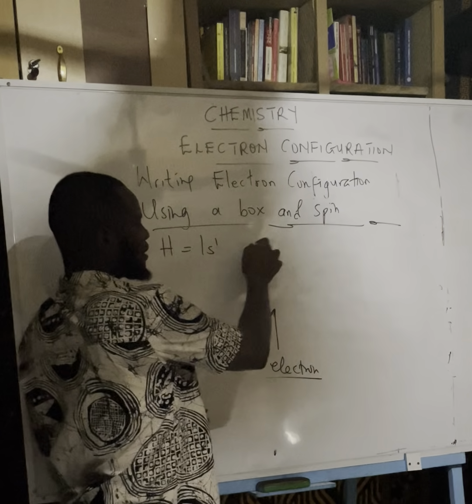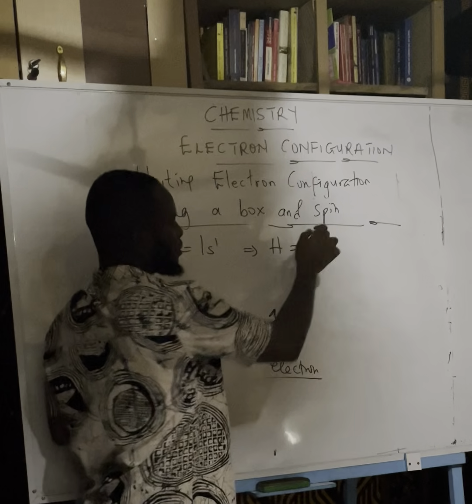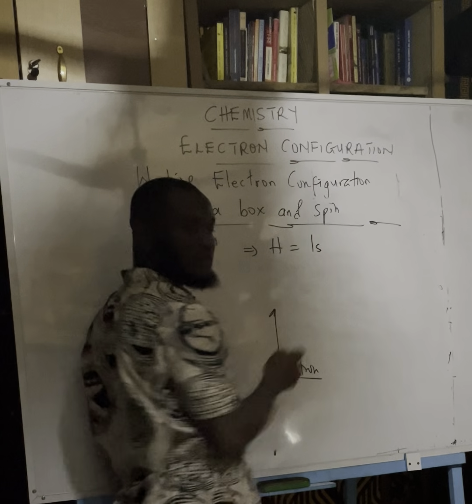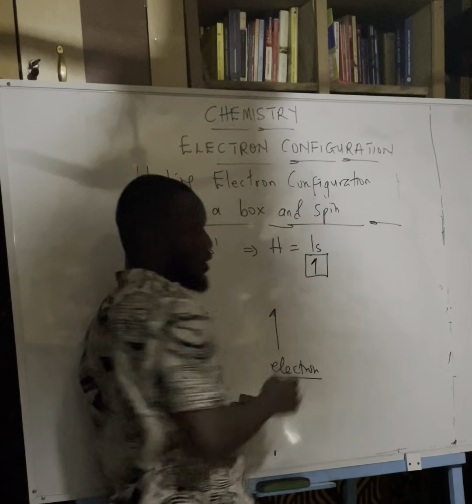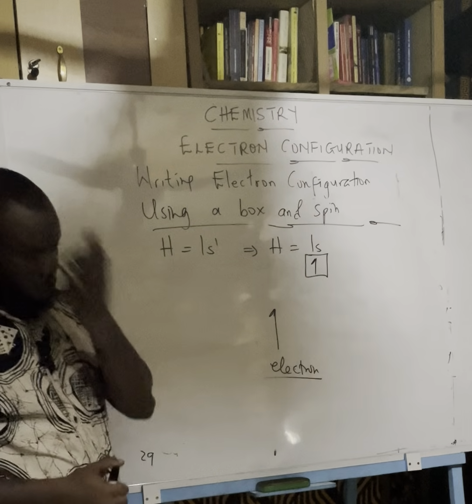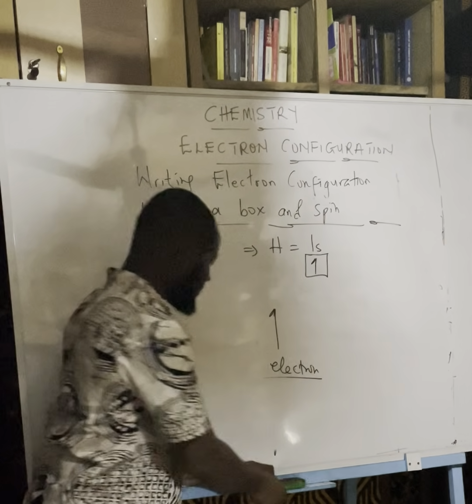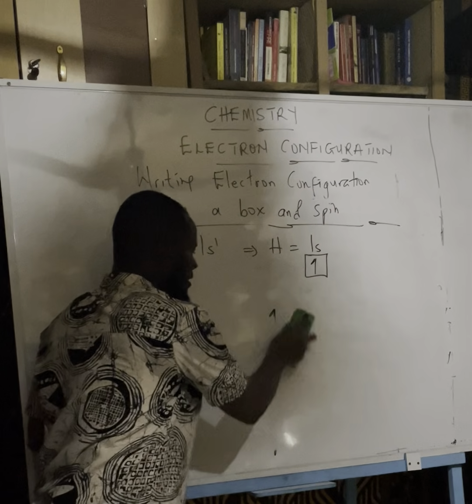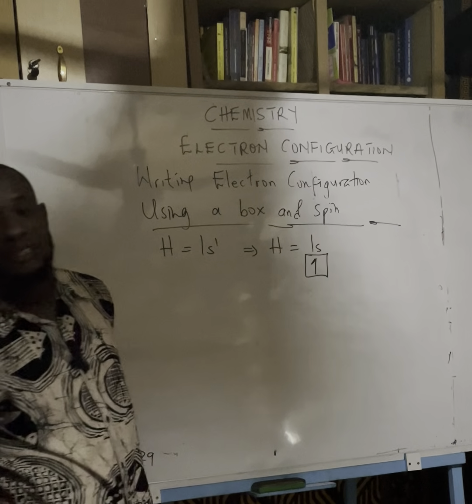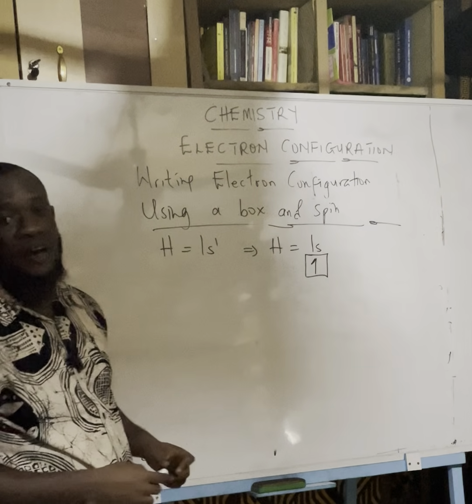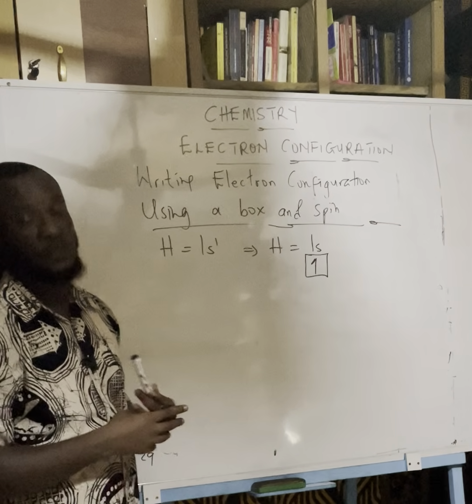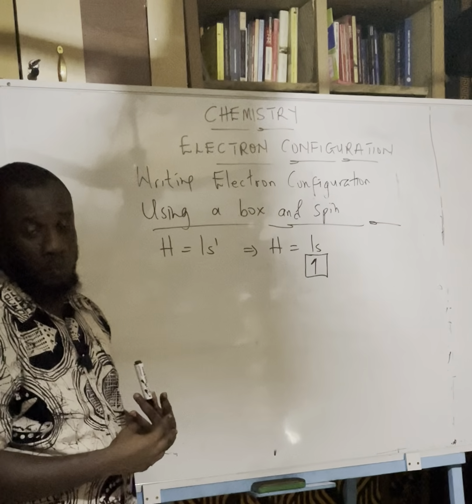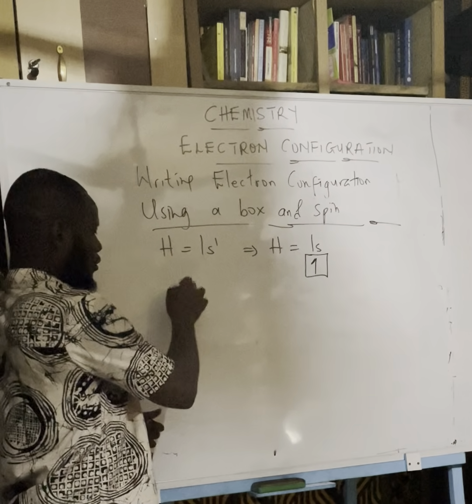But when you are using the spins or the box, you write the 1s, then we draw a box, then you put one arrow facing up. There must be only 2 inside the box. They cannot exceed 2.